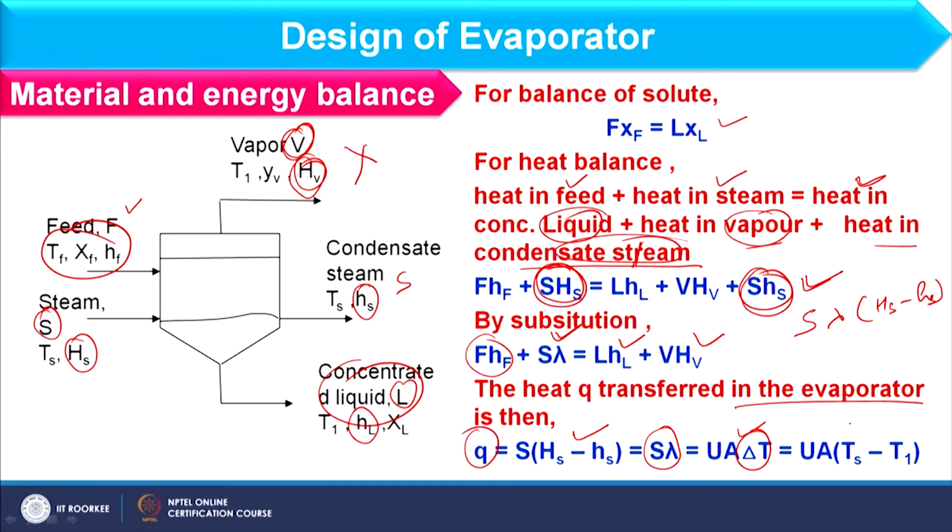That is basically the steam temperature minus the effects temperature. In that way we make the mass balance as well as the heat balance inside the evaporator, and we will use these balances to design the evaporator.